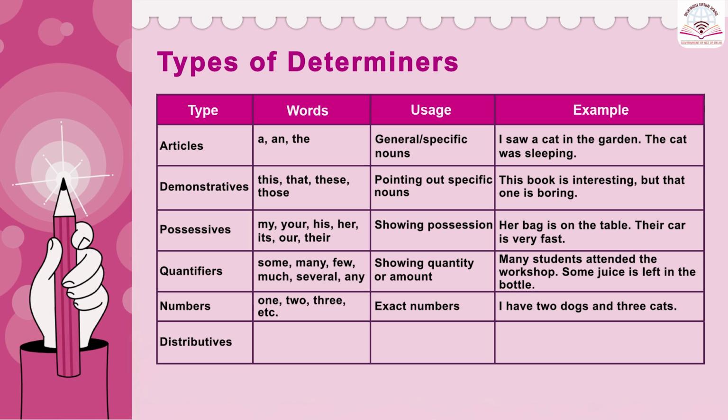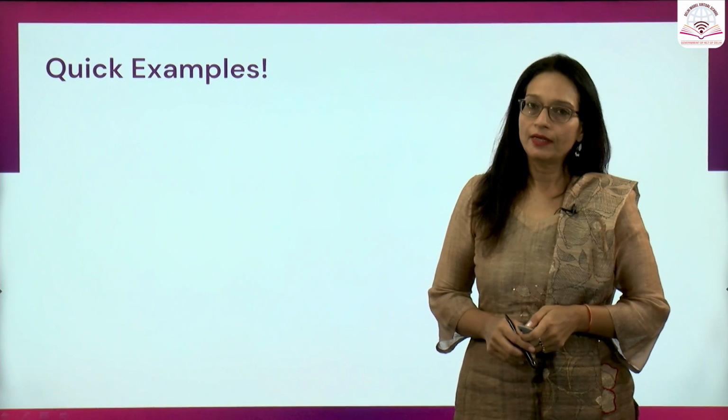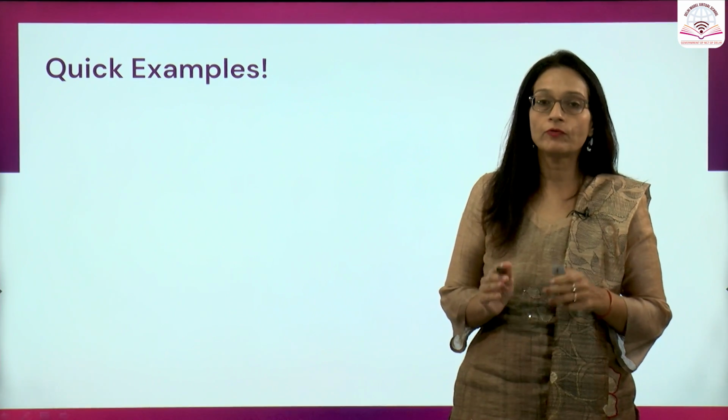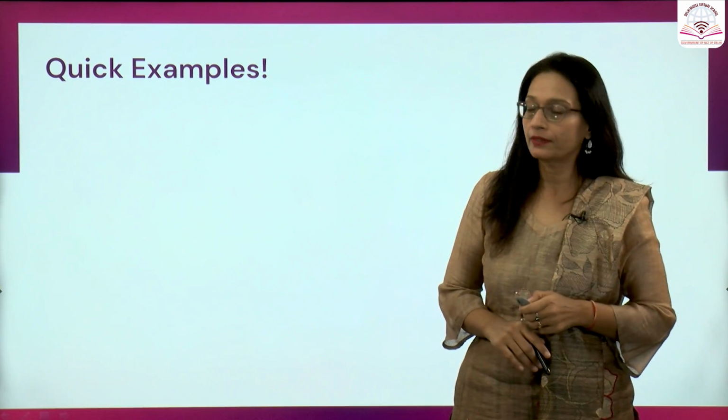Talking about distributives, we can use each, every, either, neither, and they tell us about the distribution across nouns. For example, each child received a gift. Neither option is correct. Let us take a look at some more sentences and try to understand how we select the correct determiner.